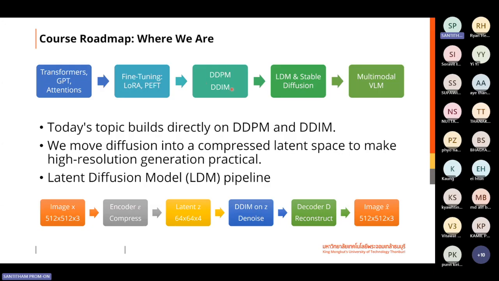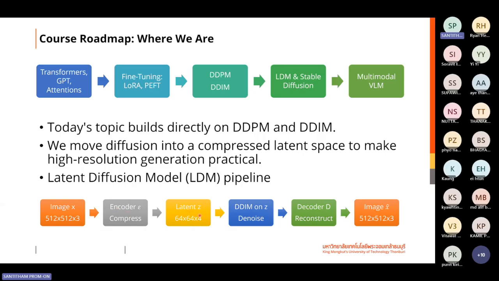The diffusion model here works on pixel space, but latent diffusion and Stable Diffusion work on the latent space. So the difference is that we combine the concept of an autoencoder together with diffusion. Starting from the image, suppose you already have the trained autoencoder. We compress the image through the encoder to get the latent.